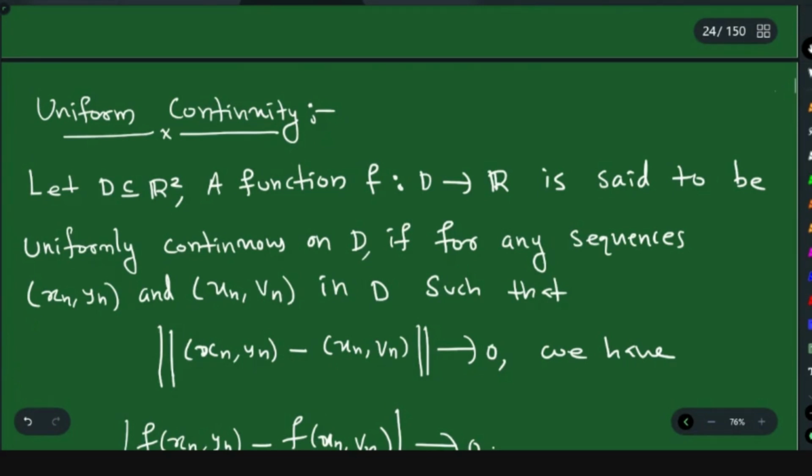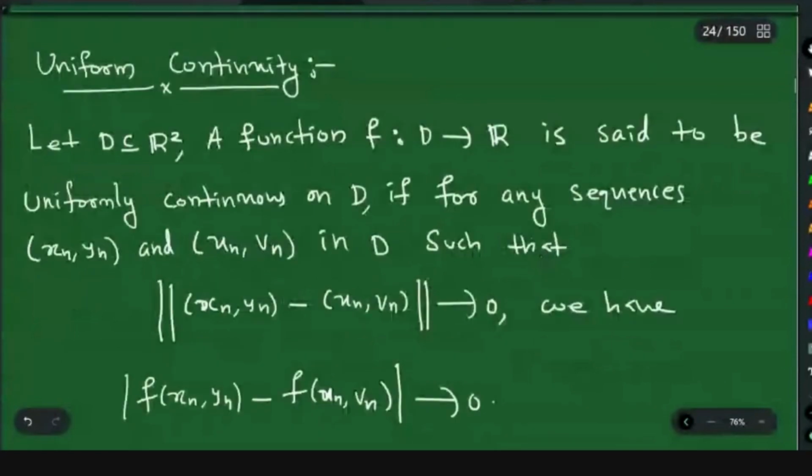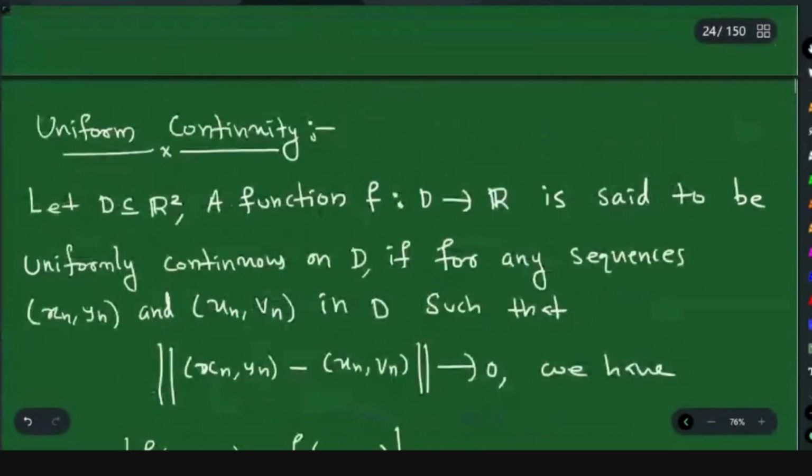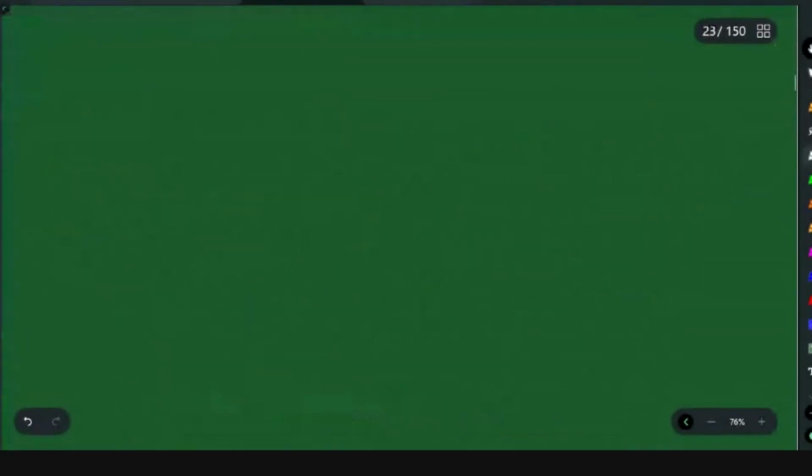So when you have two sequences, you consider any sequences xn and yn, such that modulus of xn minus yn goes to 0 should imply modulus of f of xn minus f of yn goes to 0. So I may state the single variable case first, then we will come back here.